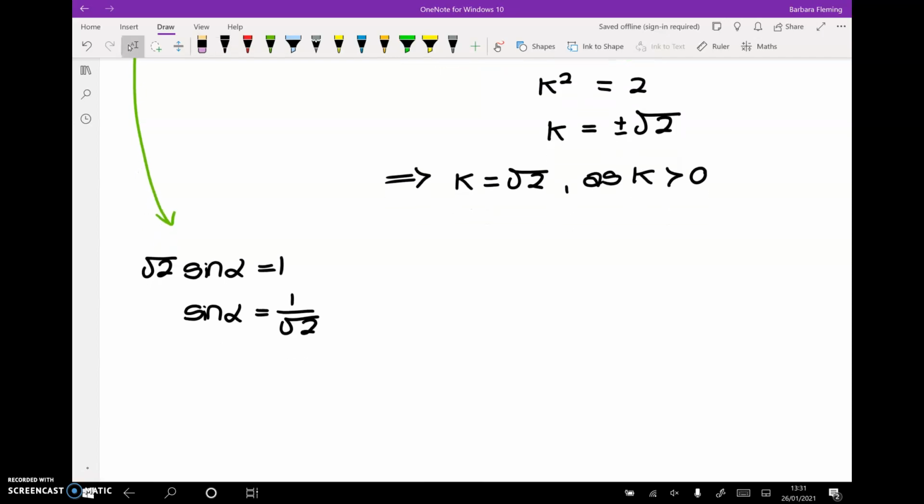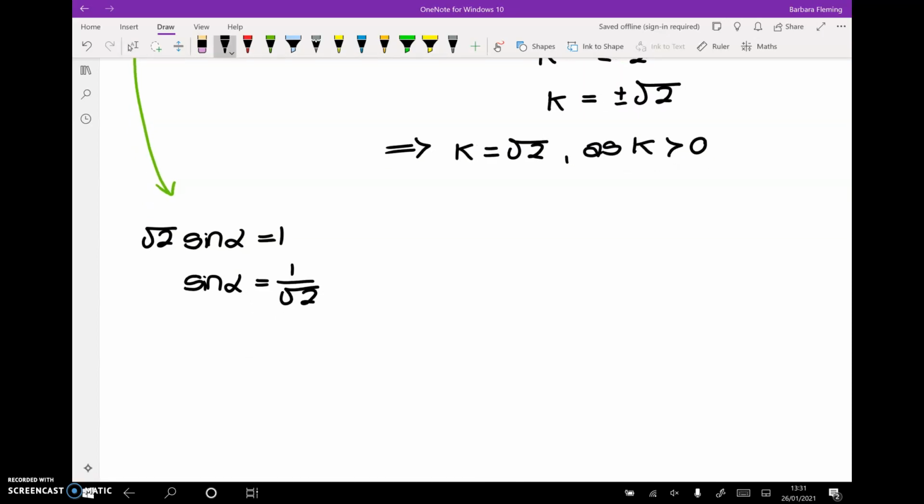Hopefully you recognize that that is one of your exact values. So your acute angle is the inverse sine of 1 over root 2. You could check in your calculator if you need, but you should know from your exact values. Just check your table that hopefully you've written out and have handy. That would be your angle of 45 degrees. Sine of 45 gives you 1 over root 2.